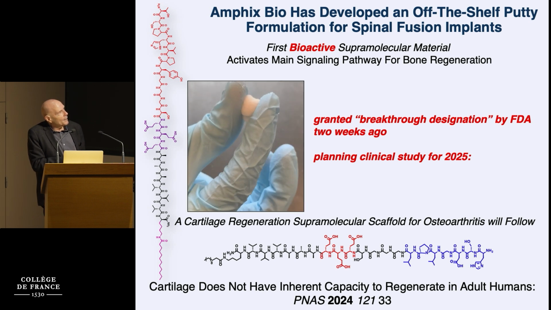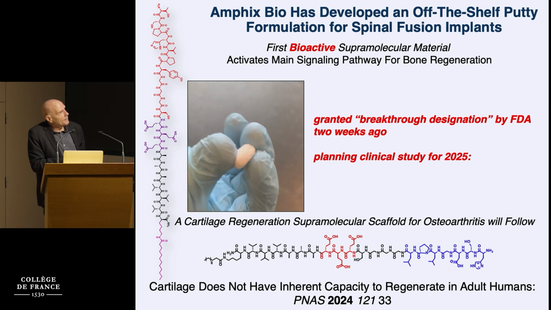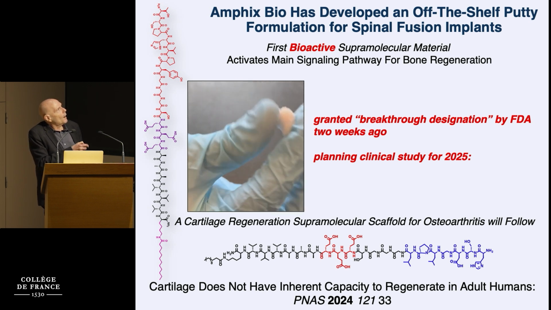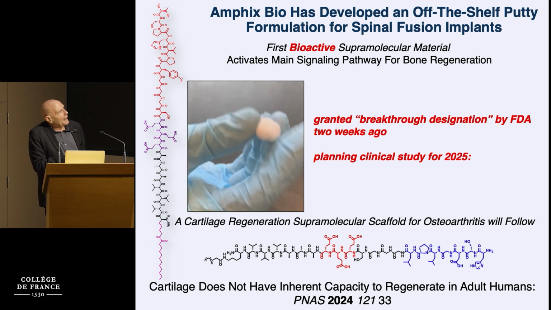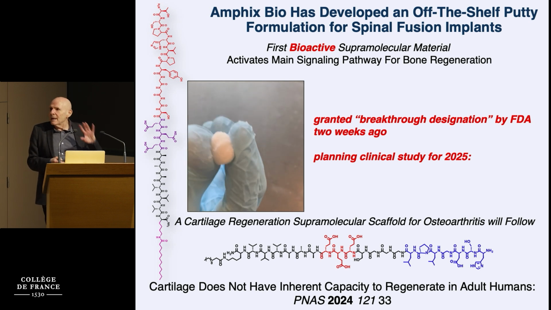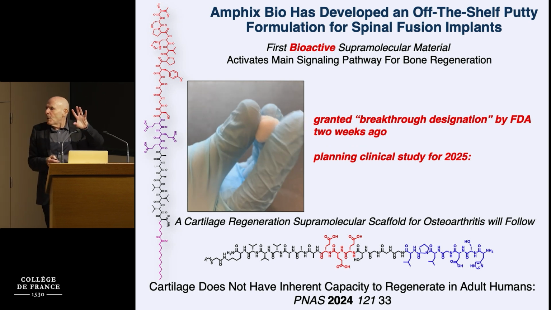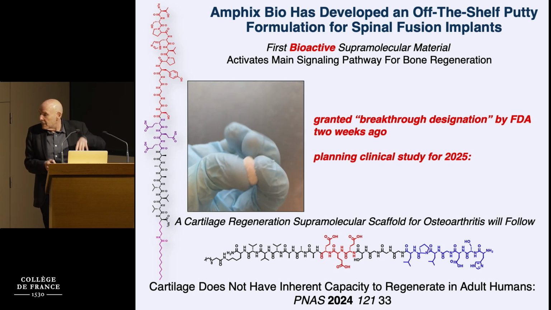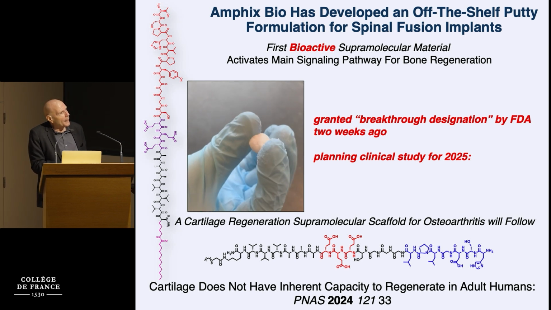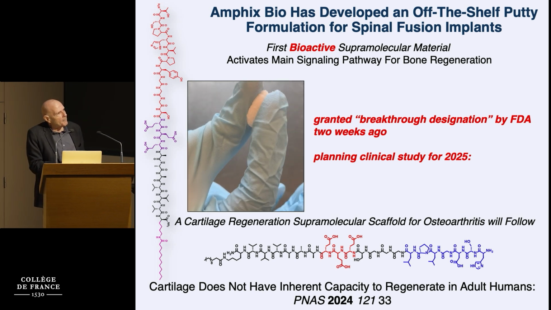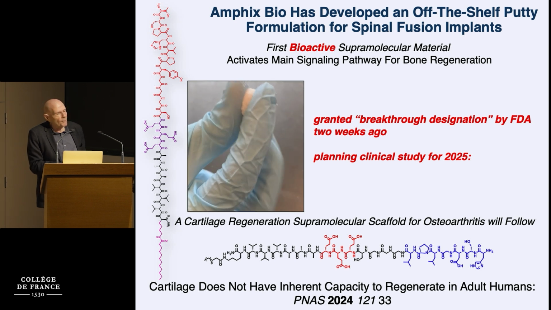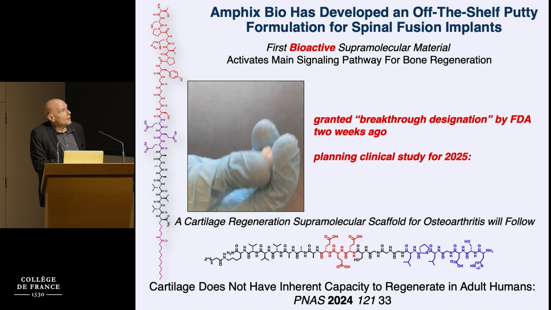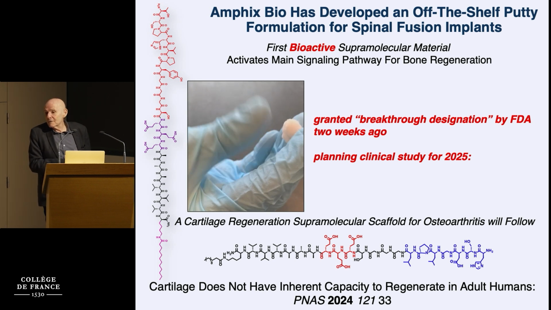And this material, which is a hybrid because it has a number of components, this is the bioactive molecule right here. And in 8 weeks, this putty turns into real bone, fully vascularized wherever you put it in the skeletal system. And then we have another one that does something similar, but for the regeneration of cartilage. But this is the one, hopefully, that will go into clinical trials first.